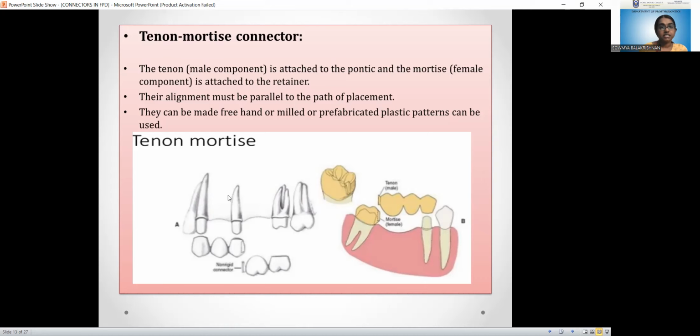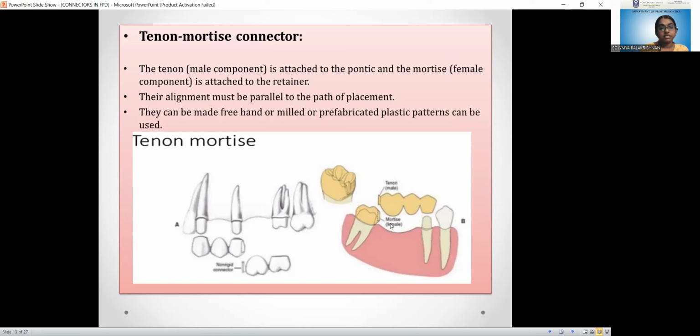Tenon means it is a male component. You can see here, this is the tenon, which is the male component, and it is attached to the pontic. This is a 5-unit FPD, and in this case, you can see this is the anterior abutment and anterior retainer, and 2 pontics are there, and this is the terminal retainer.